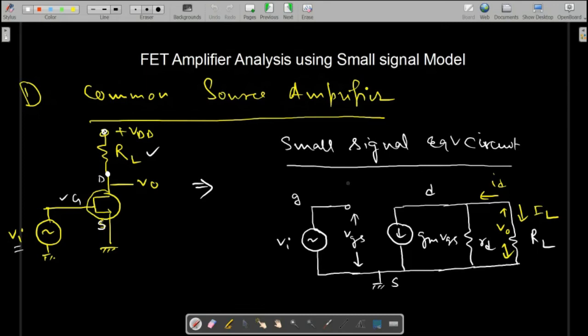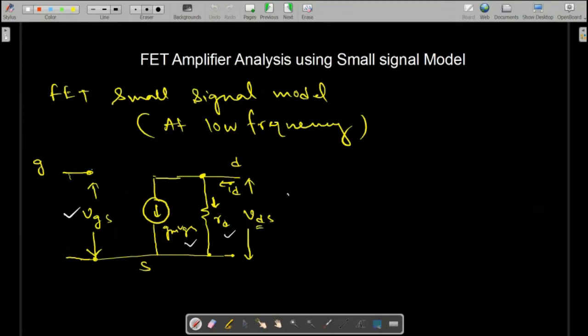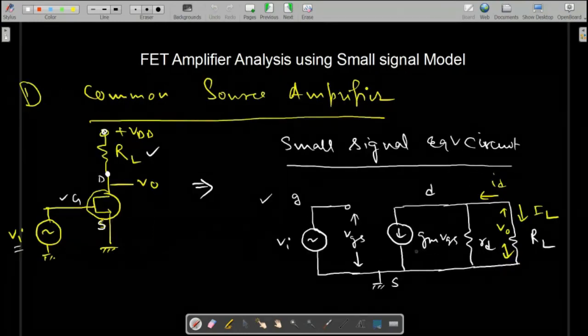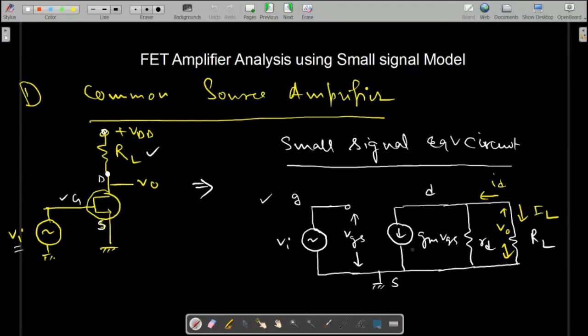Now in this circuit, if you compare this circuit and this circuit, what is the value of VDS? Check carefully. Here it is VDS. In our circuit it is something different. So what is the value of VDS in our circuit? VDS means the voltage between drain and source. What is the value of VDS?